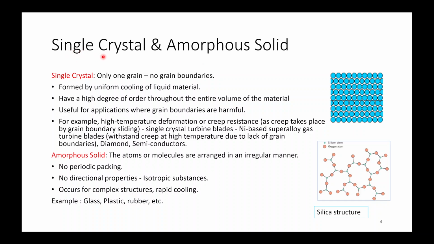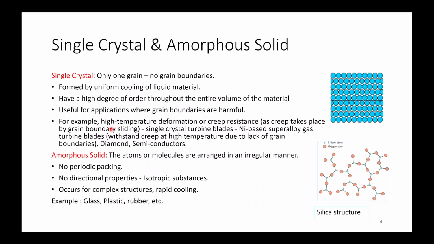Next is the single crystal. In this, only one grain is there and there are no grain boundaries. These are formed by uniform cooling of liquid material. These have a high degree of order throughout the entire volume of the material, and are useful for applications where grain boundaries are harmful.